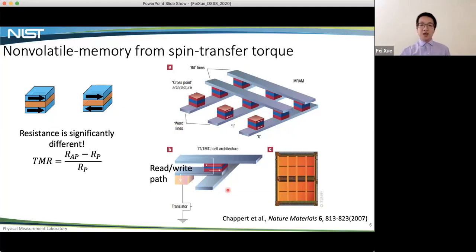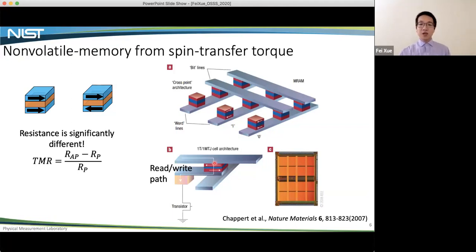So there is a small problem for this device. When we do the reading, we apply a perpendicular current through the tunneling junction. When we do writing, we also need a current passing along the same path.